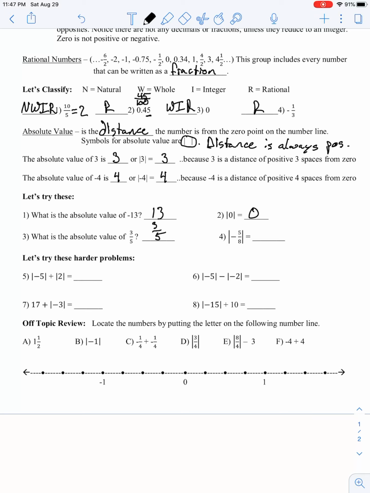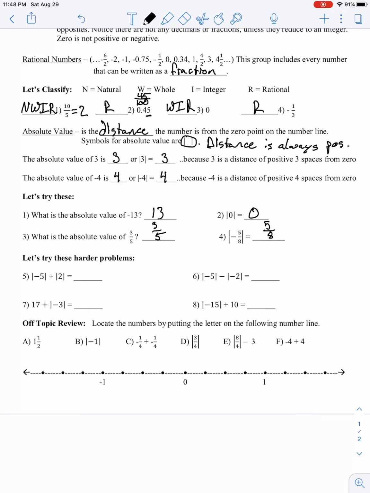And moving on to number 4, just like before, we have a rational number here. It happens to be a negative rational number, but if we take its absolute value, its distance from 0, it is just 5/8 of a unit away from 0 on the number line. So the absolute value of 5/8 is equal to 5/8.